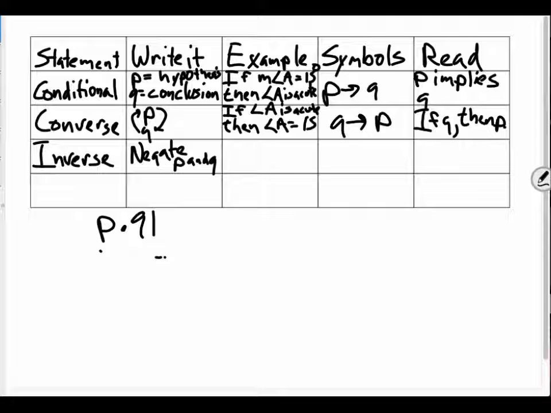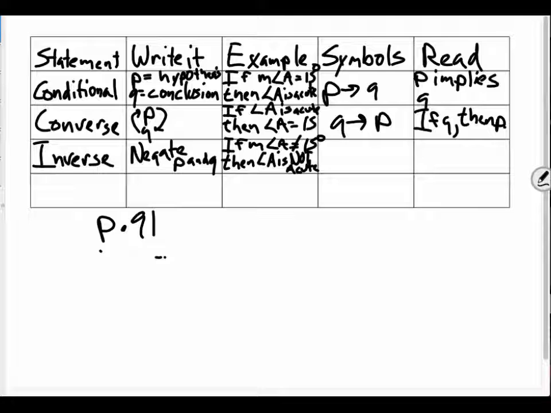Now, when you do the inverse of this, you would say if the measure of angle A is not 15, then angle A is not a cube.